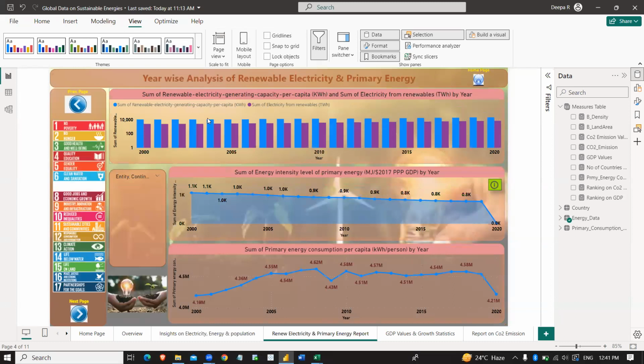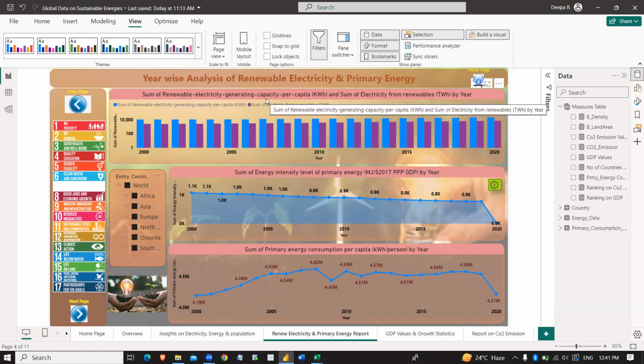So here I've tried to represent year-wise analysis of renewable electricity and primary energy. In this particular visual, I've used a clustered column chart where I'm presenting the sum of renewable electricity generating capacity per capita in kilowatts and the sum of electricity from renewables in terawatts.